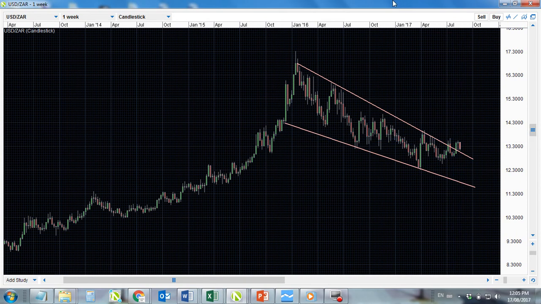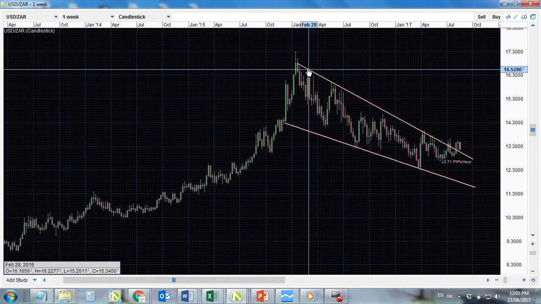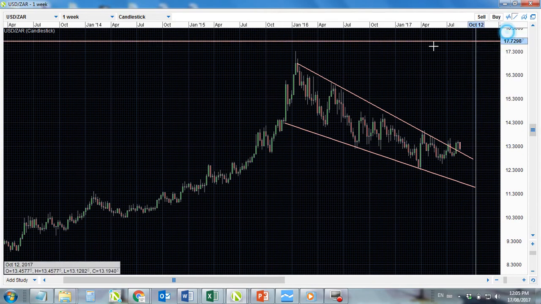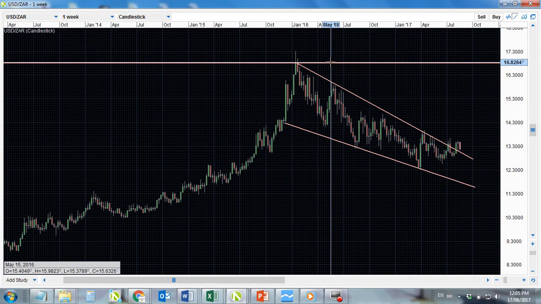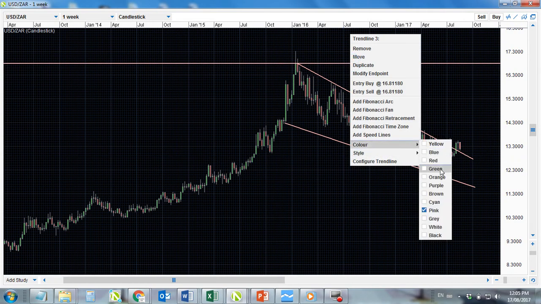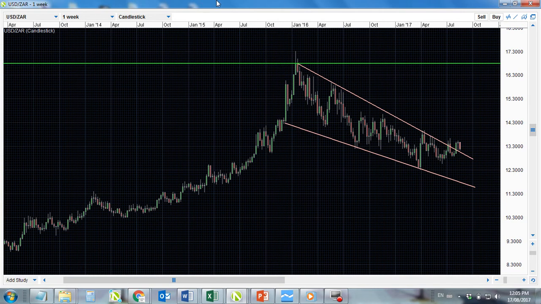What you need to know about a falling wedge is that it's a continuation pattern of the previous trend. So we had this uptrend, we've had this wedge, it's broken to the upside, and now, unfortunately, guys, I have a new target for the Rand at 16 Rand 80, which is not good for our pockets, not good for prices in South Africa, and even the confidence.